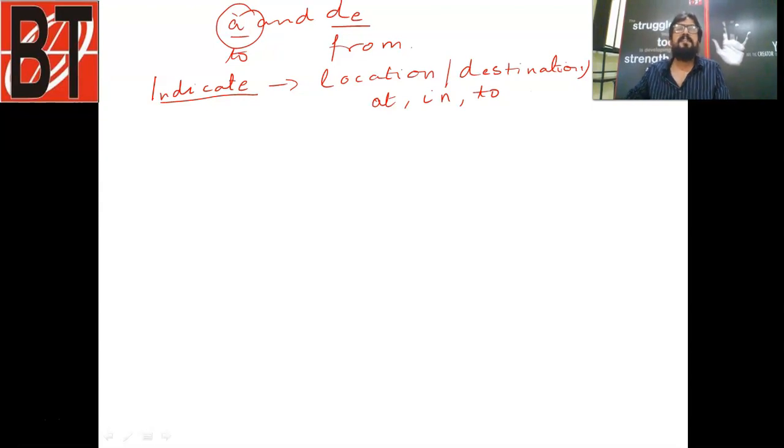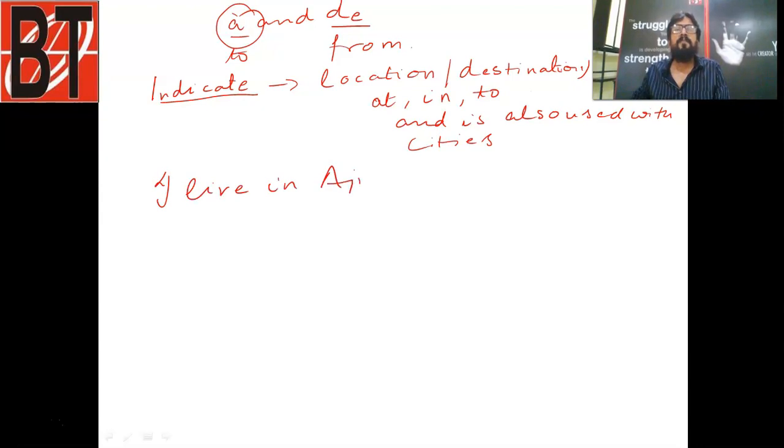और इसके साथ एक चीज और आप याद कर लो, à is also used with cities. नाउ सिटीज के साथ कैसा होता है, जैसे आप बोलते हो I live in Ajmer, सो you can write Javed à Ajmer.